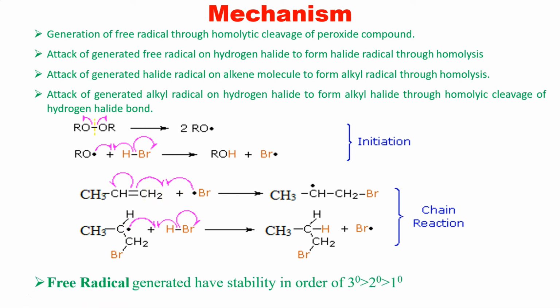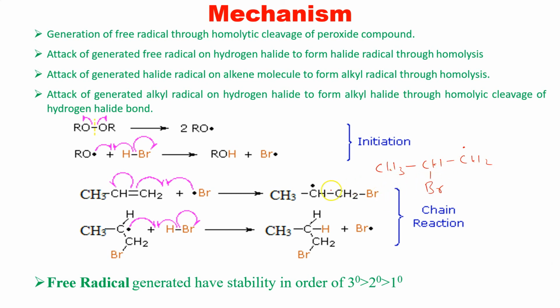The logic behind it is very simple: the free radicals generated have stability in the order that tertiary free radicals are more stable than secondary, than primary. Say suppose instead of this step I write over here CH3 and CH. So instead of this Br attaching to this CH2, if I attach the Br free radical to carbon number 2, and CH2 remains as it is, that radical, and Br I attach over here.